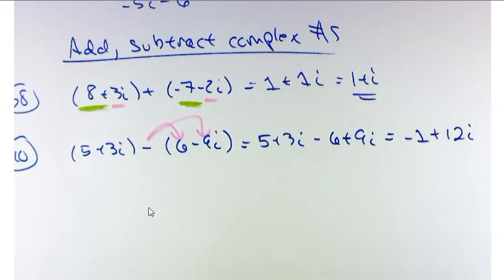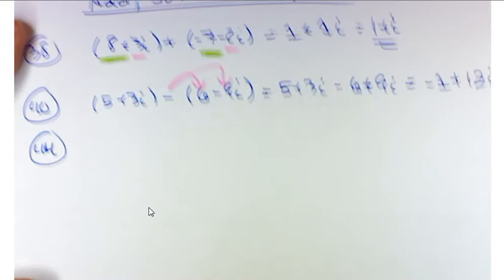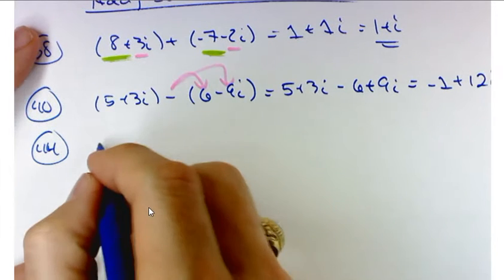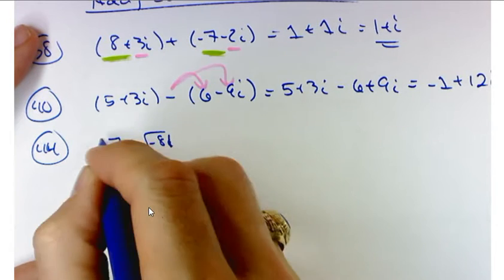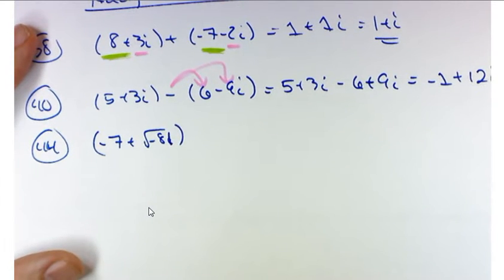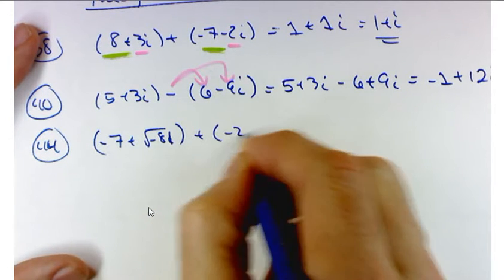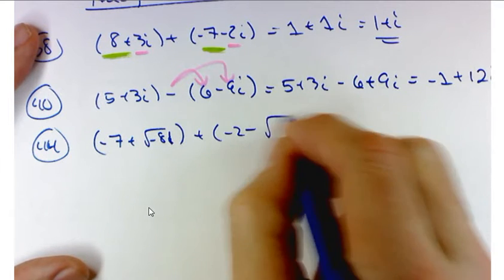Let's try problem number 44. Thanks, Nikaya. So a little bit different. We've got -7 plus the square root of -81, and then plus -2 minus the square root of -64.